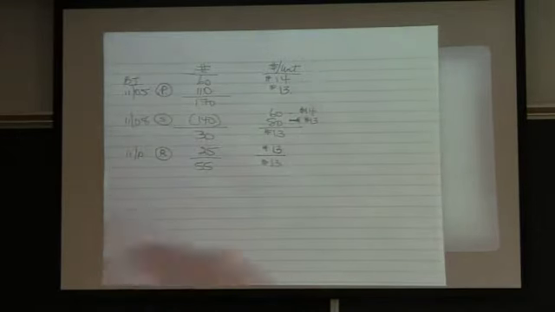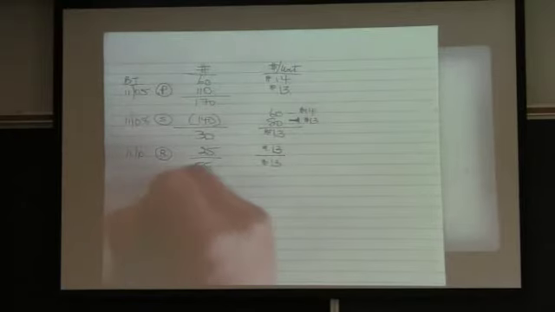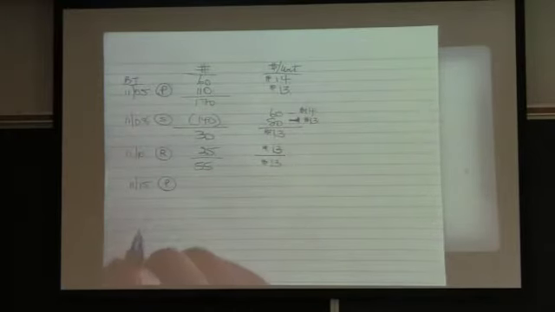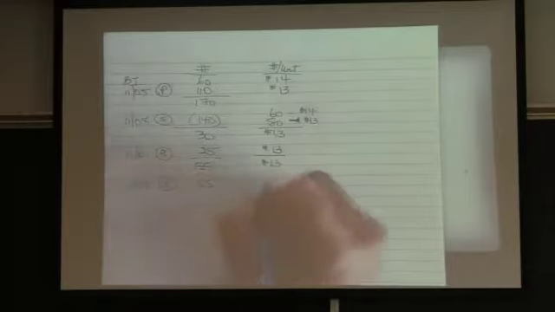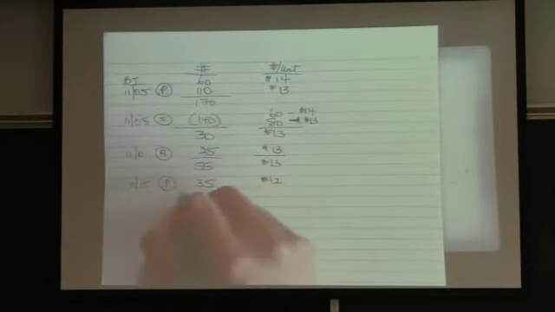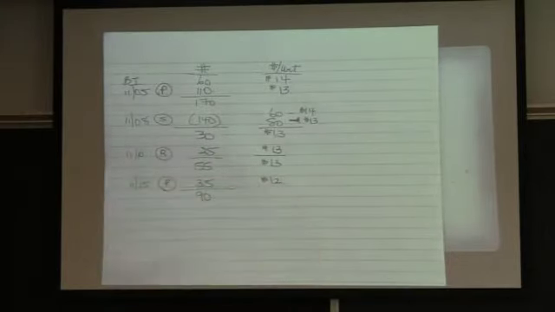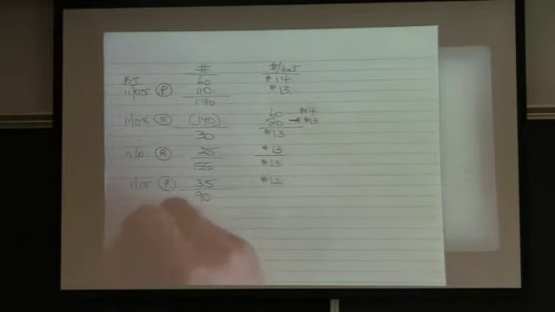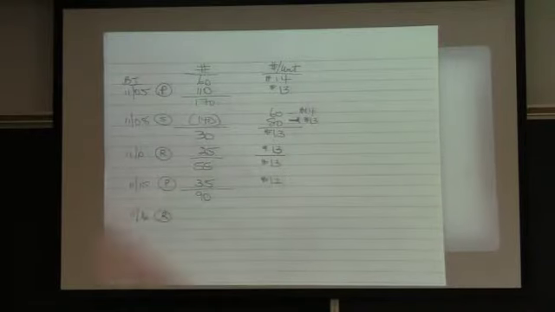Now, on November 15th, we bought, and we purchased how many? 35 units at $12. So now we've got 90 units. We returned on November 16th 5 units.